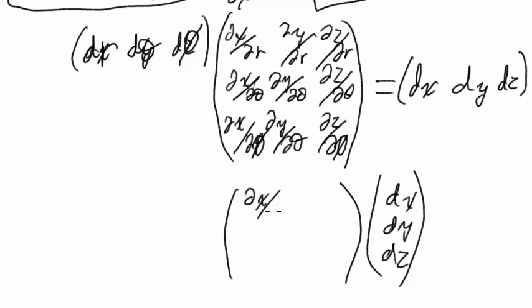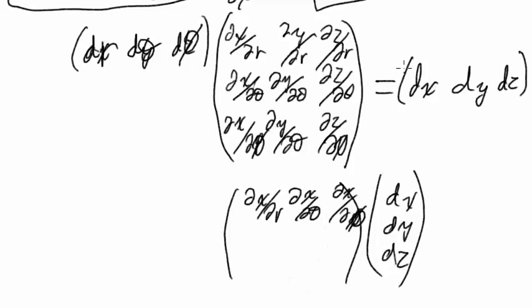So del x del r is still up there in the corner, but then we start going down: del x del theta and del x del phi. And you can see del x del r times dx plus del x del theta times dy plus del x del phi times dz.